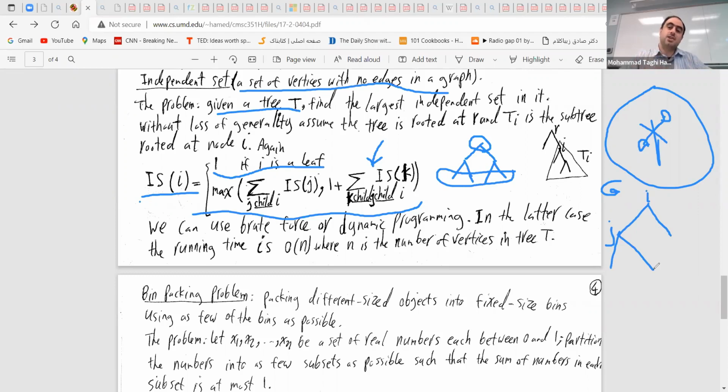Generally, this is the approach that is important for trees. We are always considering a rooted tree and writing recursion. Generally, the proof would be induction on the height of the tree, the height of the subtrees, and then we write a recursive algorithm. That's a good example that shows how we can solve a problem on trees.